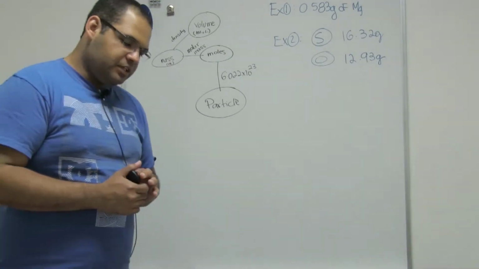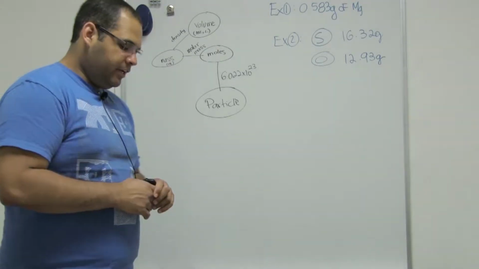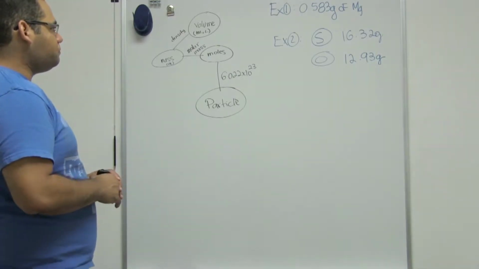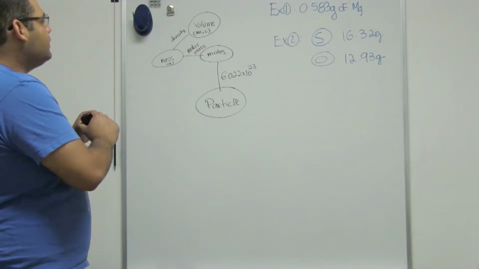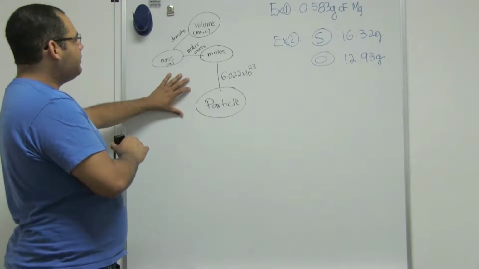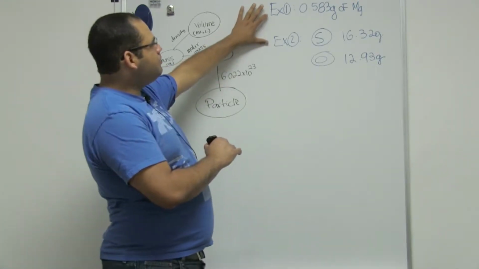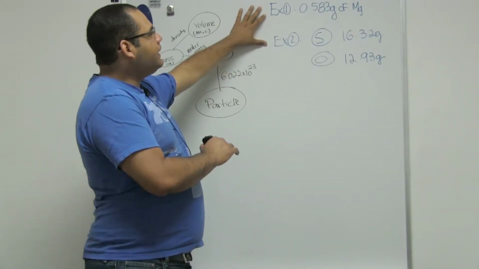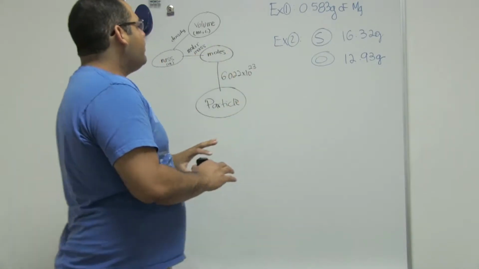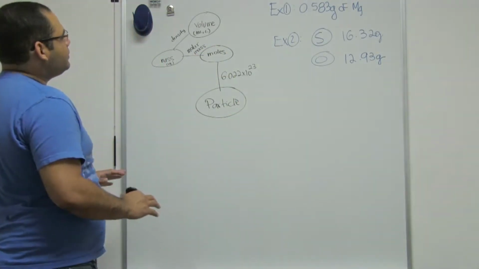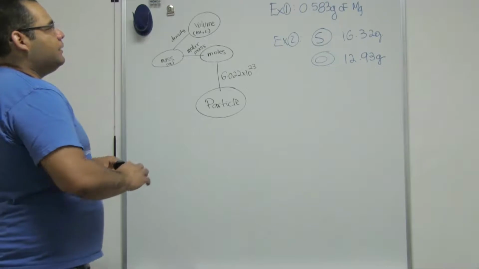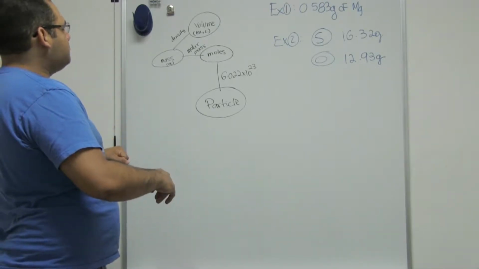Okay, so in this video, we're going to talk about counting atoms by the grams. I have here on the board part of my molar map, and I also have two examples I will work to help you understand how we figure out the number of particles or atoms in a certain amount of grams.